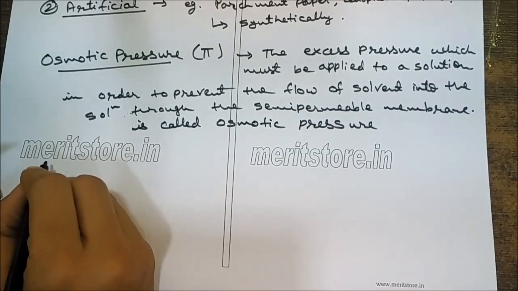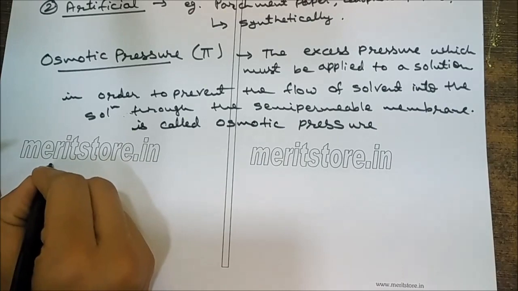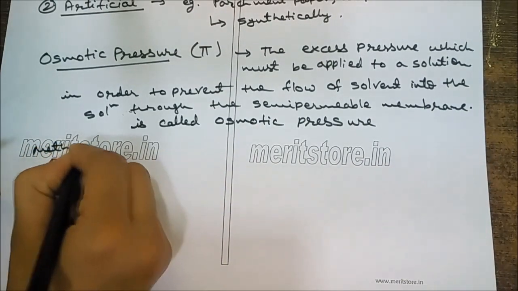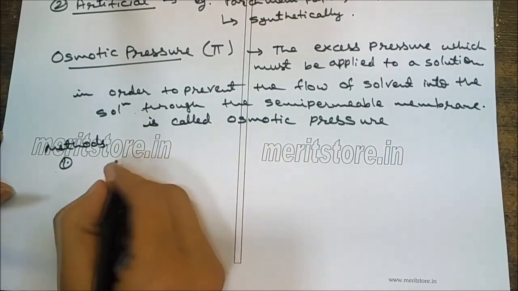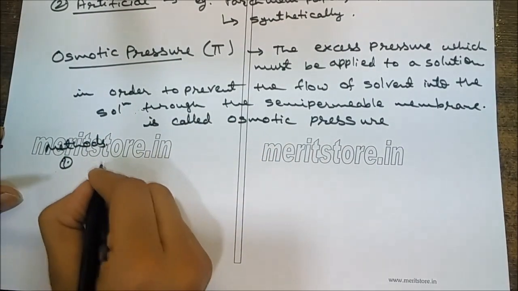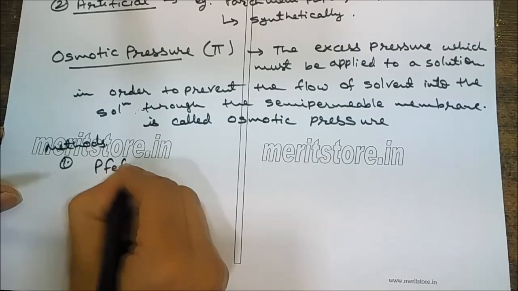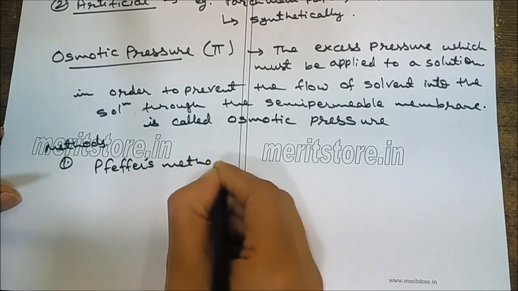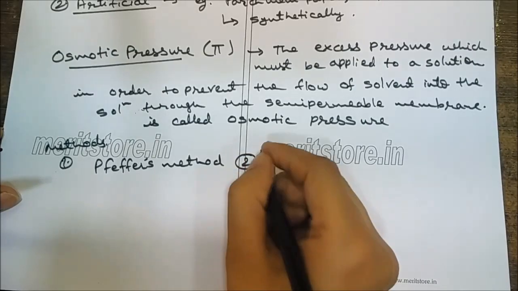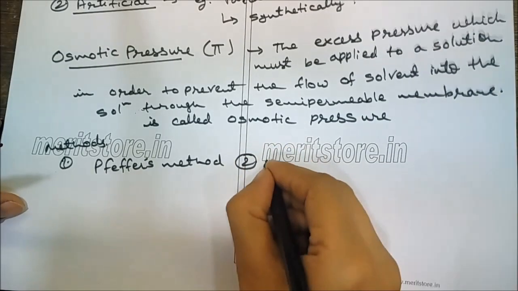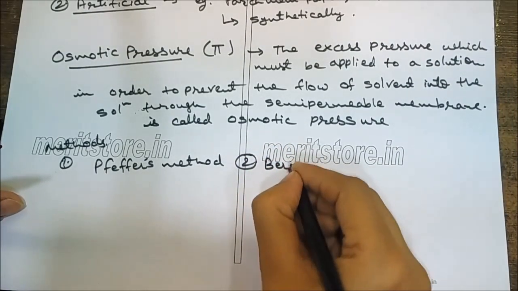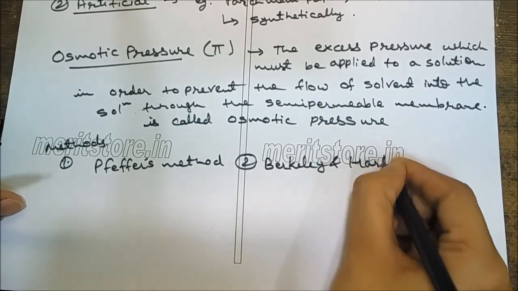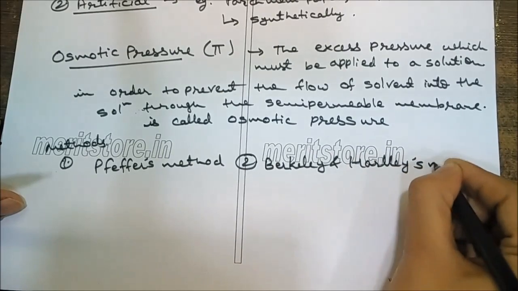Measurement of osmotic pressure is done by these methods: Pfeffer's method, and the second is Berkeley and Hartley's method.